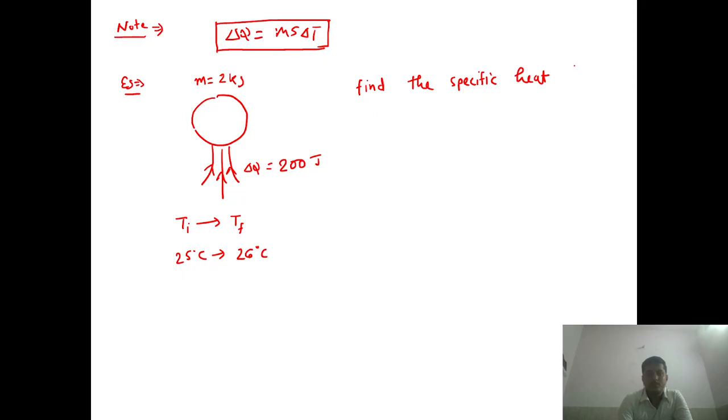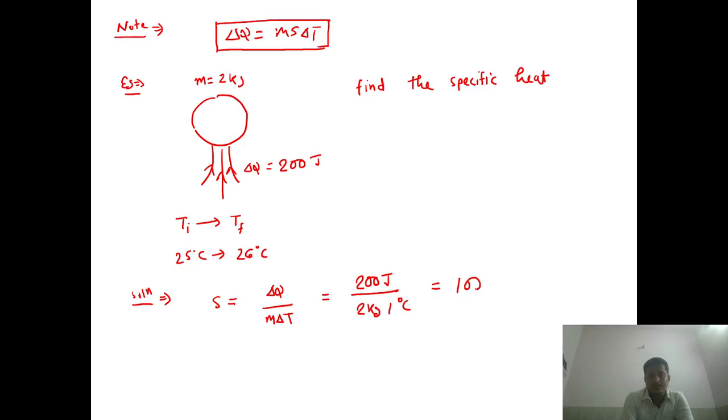So the specific heat calculation can be done by the formula, that is simple. Specific heat is simply delta Q divided by m delta T. The heat supplied is 200 joule, the mass is 2 kg, and the change in temperature, if we subtract 26 and 25, is 1 degree Celsius.